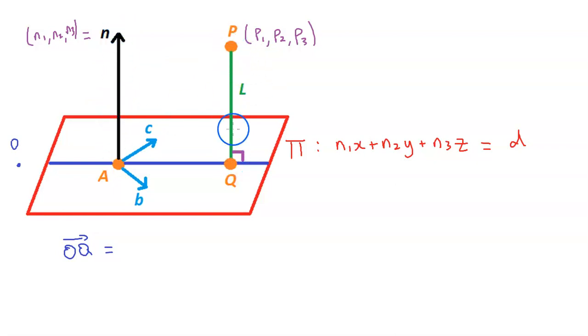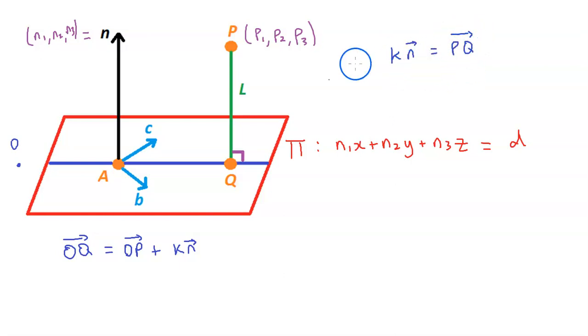In the diagram I've drawn, it's in the opposite direction, but that doesn't matter because n could also be pointing in the opposite direction. This is an arbitrary situation. So the point is that PQ is some multiple of n. So we have that OQ is equal to OP plus K times n, where K times n is equal to PQ.